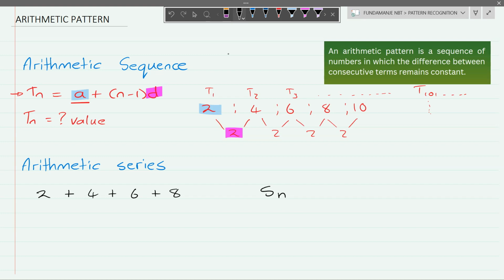With an arithmetic sequence, we were trying to find the value of a term number, but with an arithmetic series we're concerned with the sum.